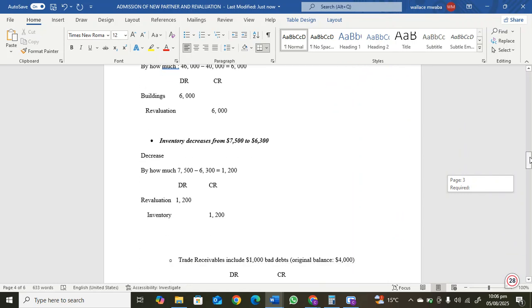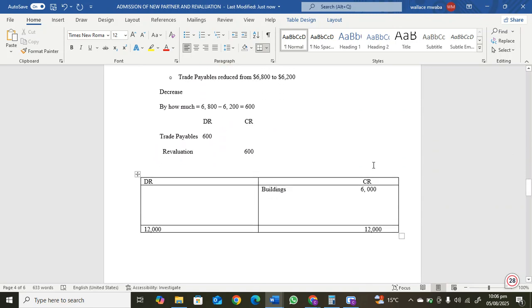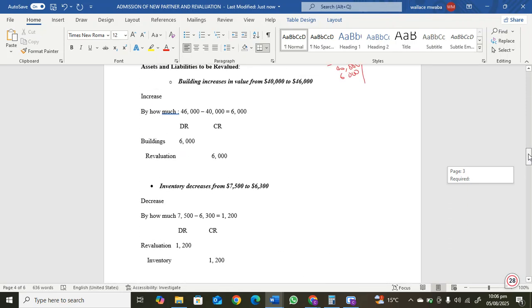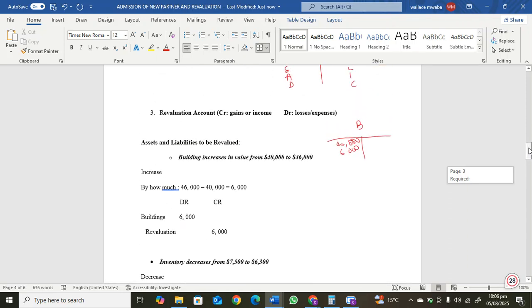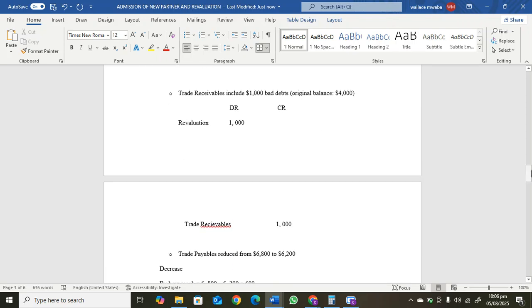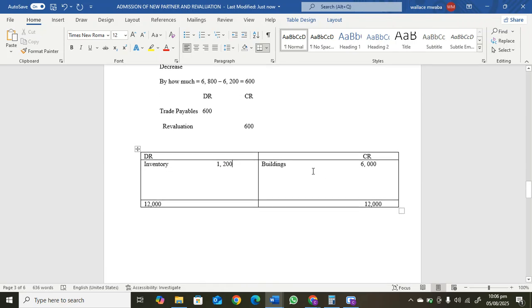Then the next one for inventory, we debit revaluation 1,200. Then the next one was for trade receivables, we debit revaluation account 1,000.